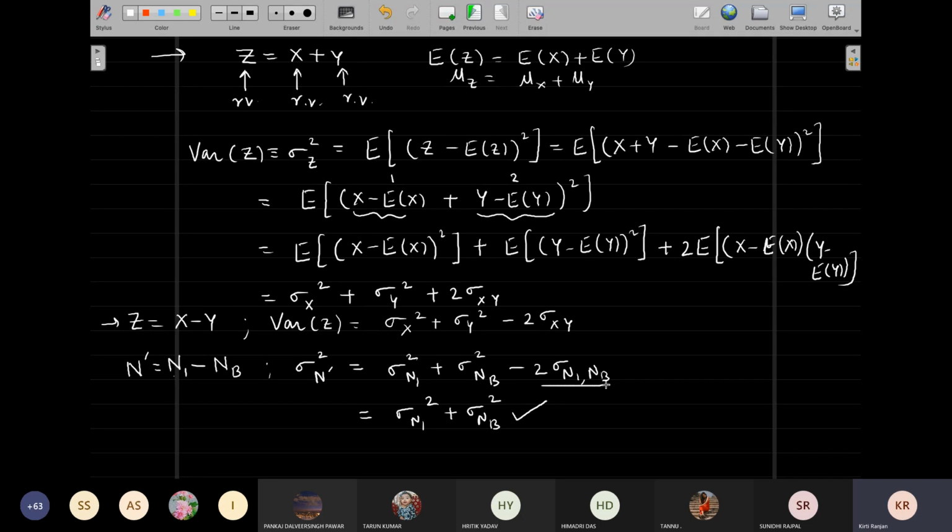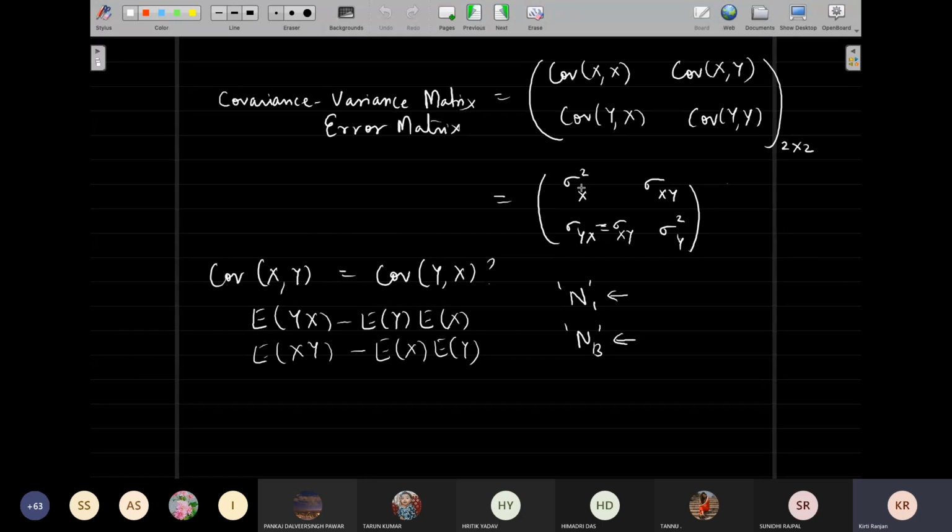You do not consider the term sigma n1 nb, because you are saying that n1 and nb are uncorrelated. But in general, if there are two random variables, one does need to figure out if they are really uncorrelated or independent or not. If they are not, then the term sigma n1 nb also comes up in the experimental errors. You cannot neglect it. And that's why on the previous page, when I said that we build what we call the error matrix, which is a symmetric matrix.